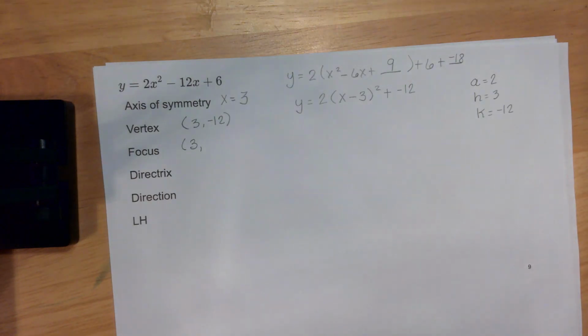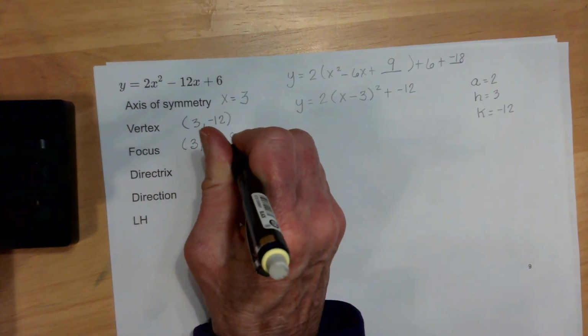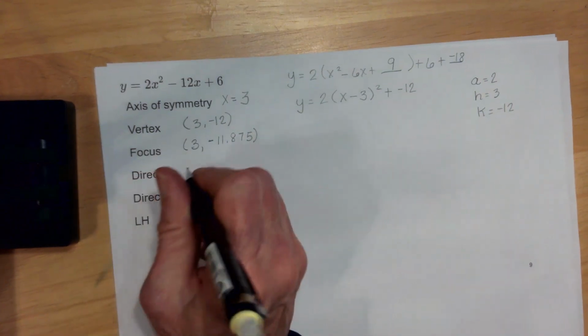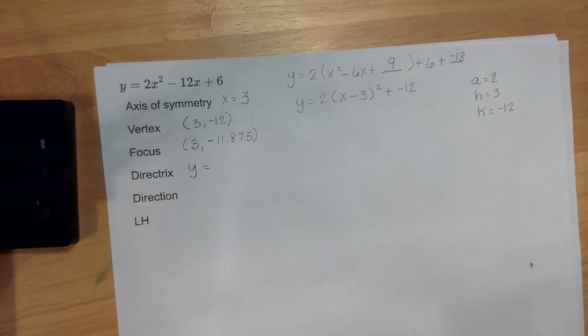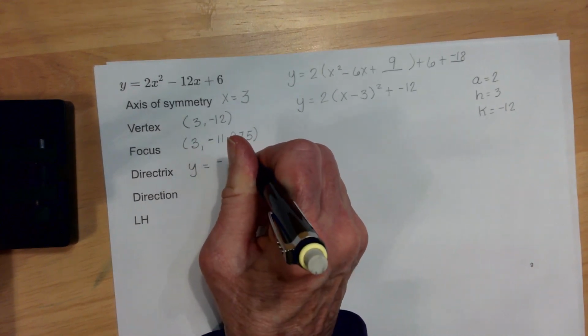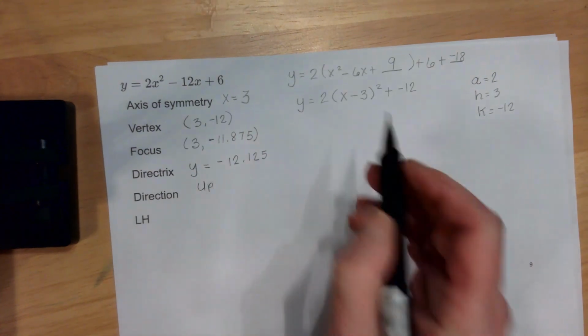So I'm going to take negative 12 and add 1/8 to it, and I'm going to get negative 11.875. Then my directrix is y equals negative 12 minus the 1/8, which is going to be negative 12.125. The direction is going to be up because the 2 is positive.